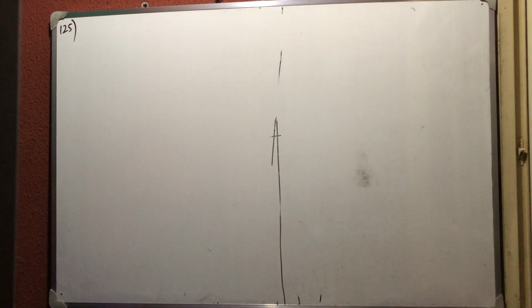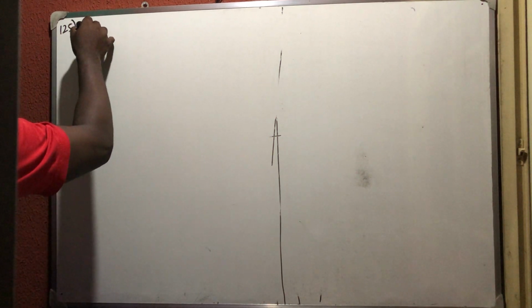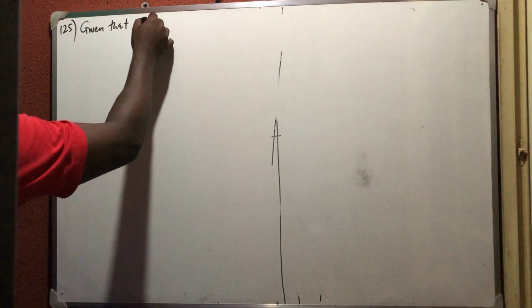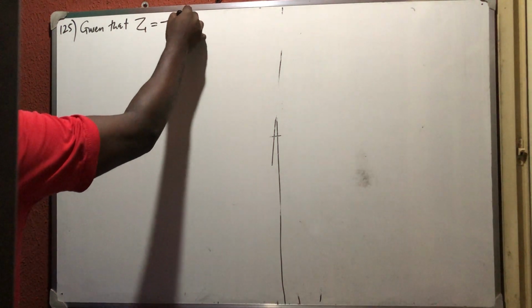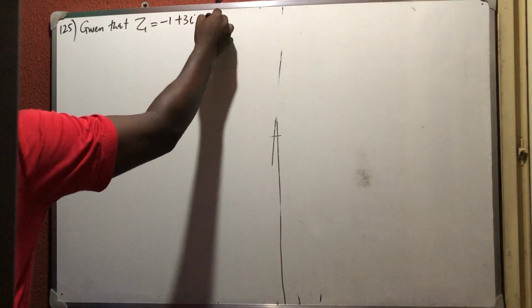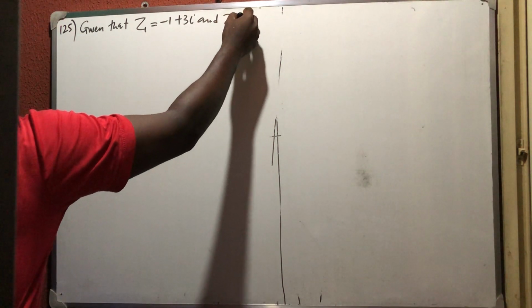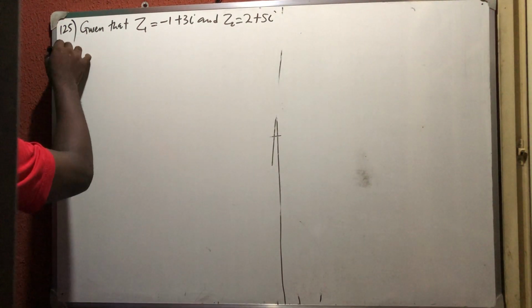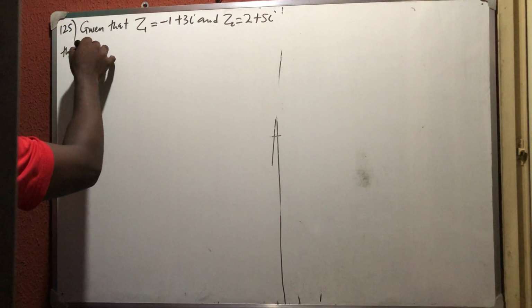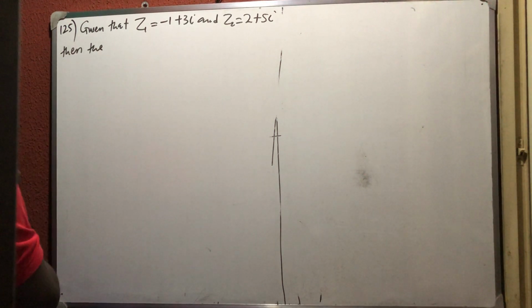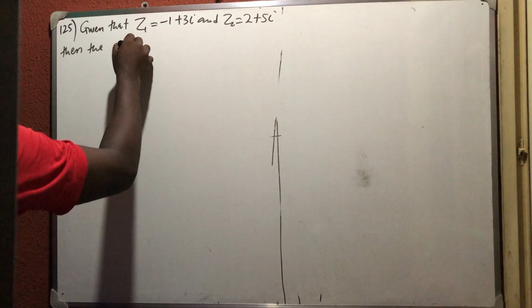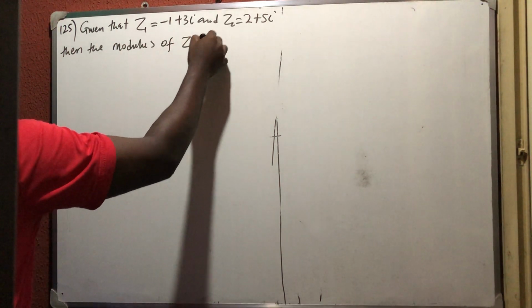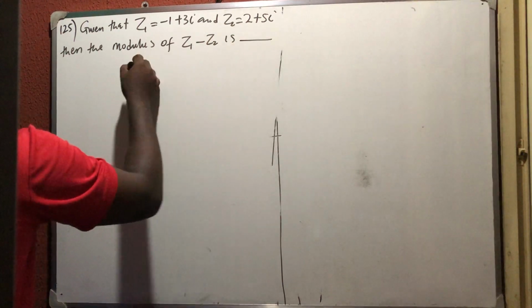Question number 125 said, given that z1 is equal to minus 1 plus 3i and z2 is equal to 2 plus 5i, then the modulus of z1 minus z2 is dash.